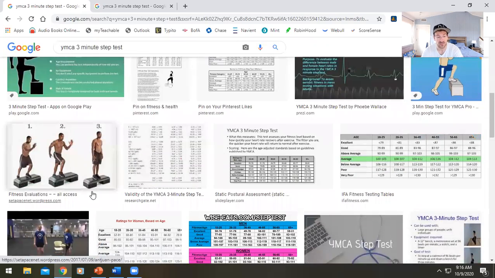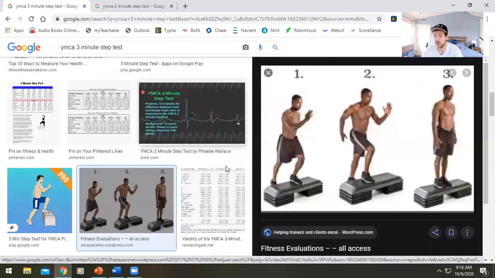If you're ever in a gym and you have the little risers, this is probably what most of you will do your 3-minute step test on. These little risers right here, you use 3. That's the right height. What you'll do is have your client step with, you see it's his left foot, and actually this picture's out of order.